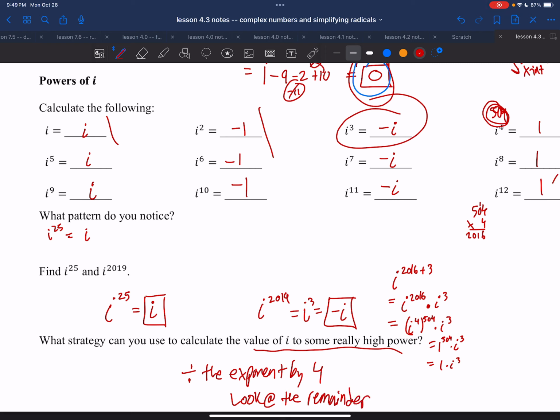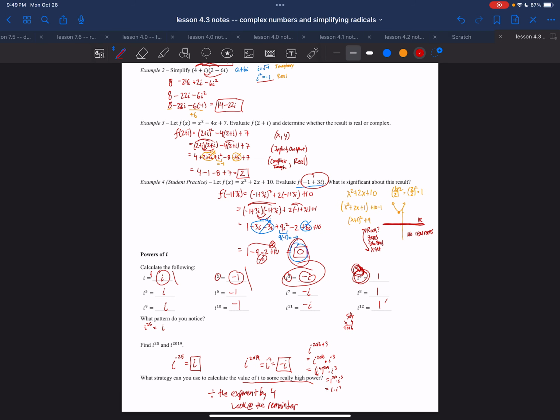Whatever the remainder is, it's going to correspond with these exponents. If it's remainder 1, it will be i. If it's remainder 2, it will be negative 1. And if it's remainder 3, it'll be negative i. And of course, if there's no remainder, then it was i to the 4th because it divided evenly into it. And thus we are done.